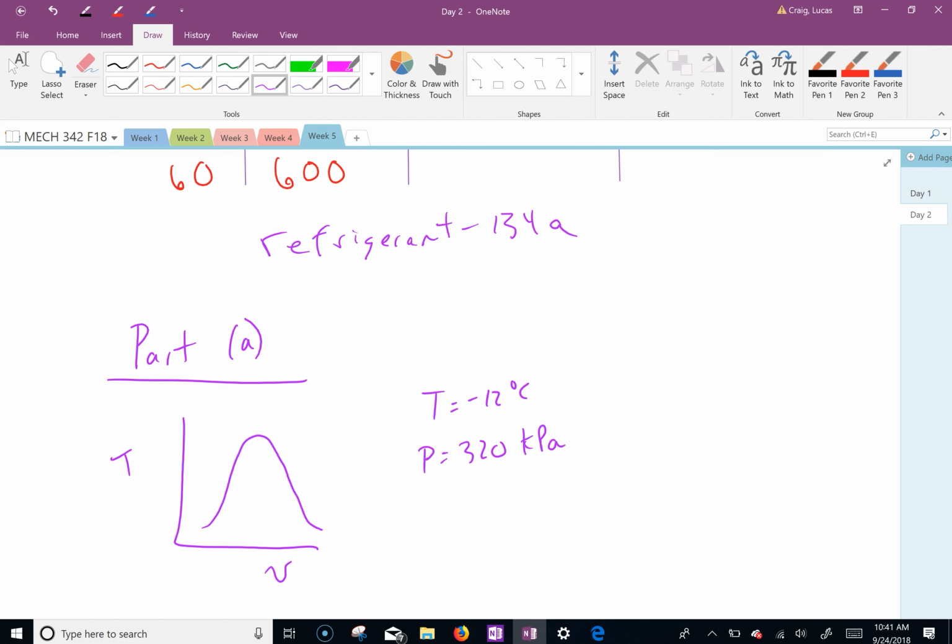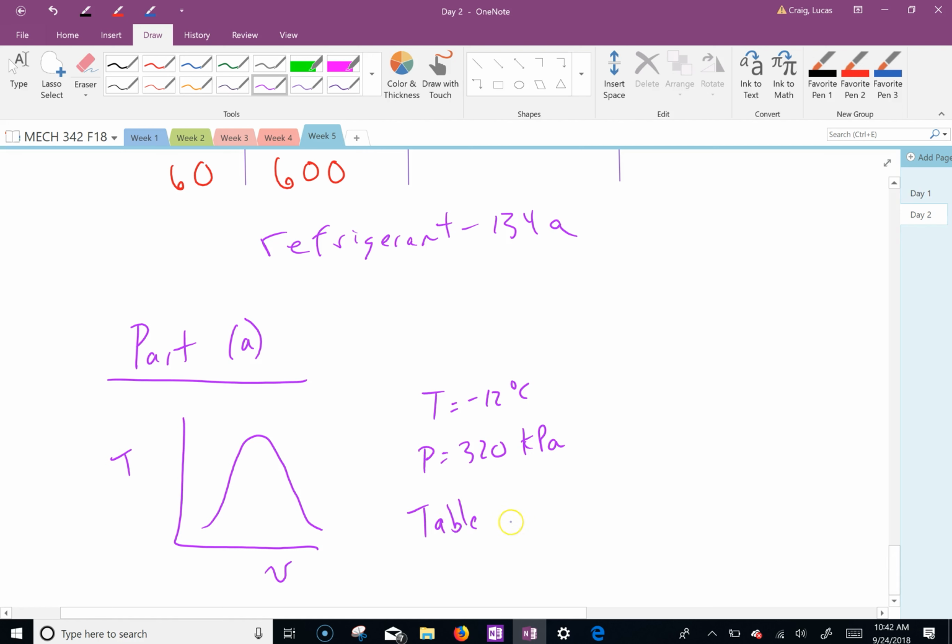So we're going to go to -12. What are we going to check? Pressures. Yep, I heard pressure. What pressure, though? Saturation, right?